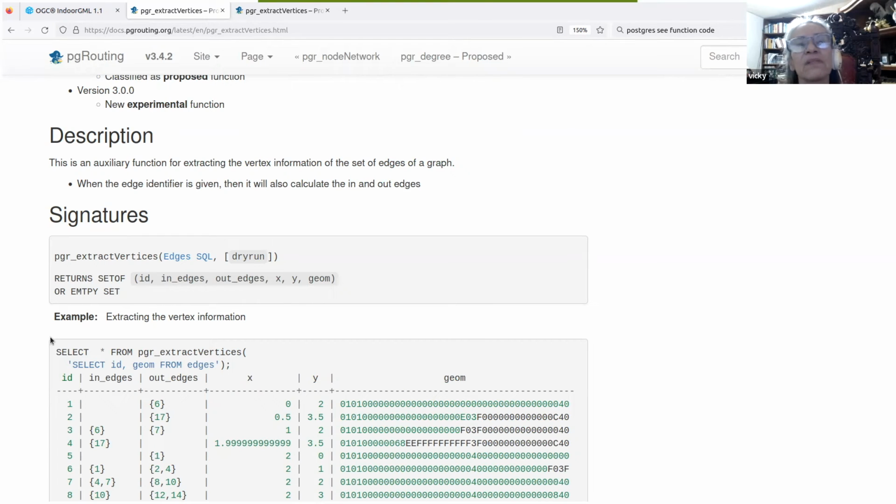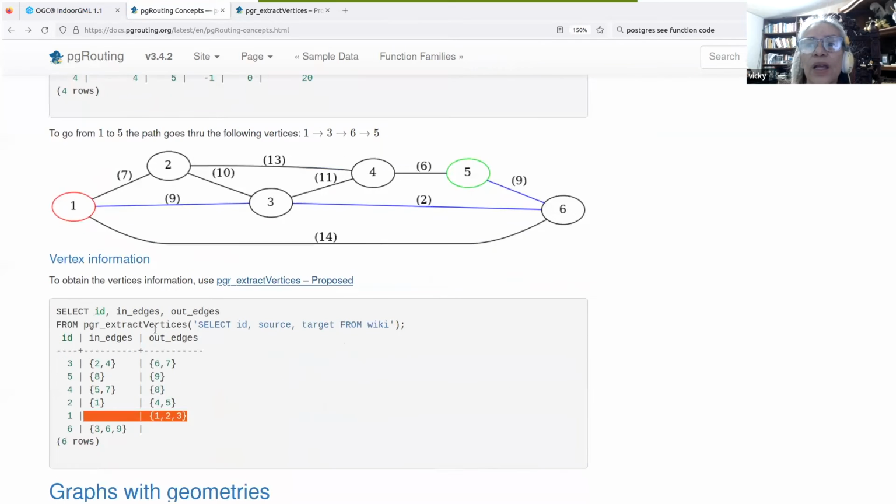Create vertices table created indexes, and it was always looking for geometries. Now, with the previous example, we can see that we can use extract vertices without having geometries involved.